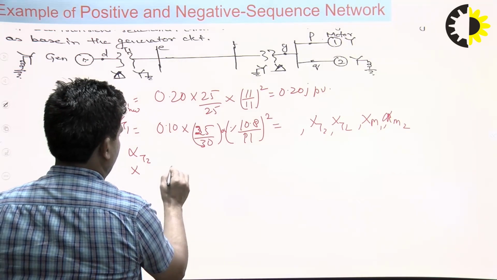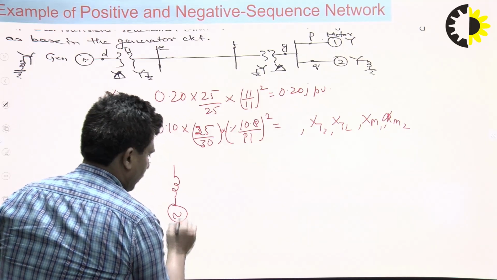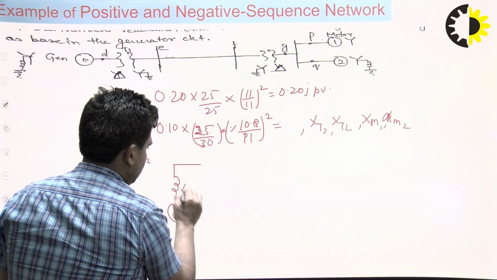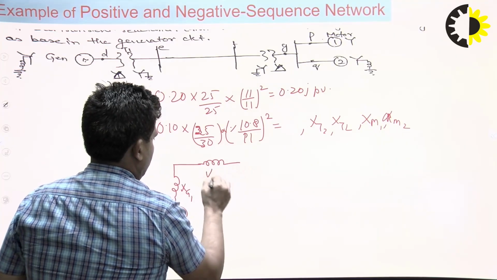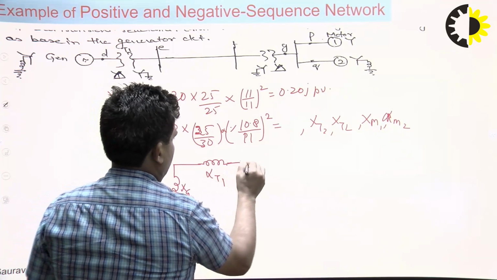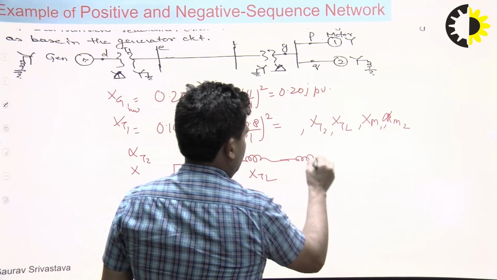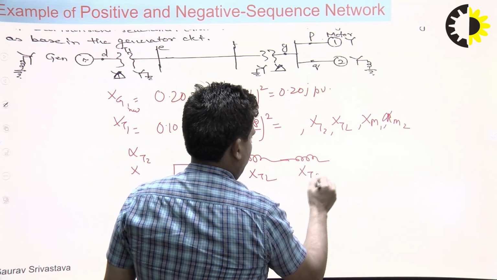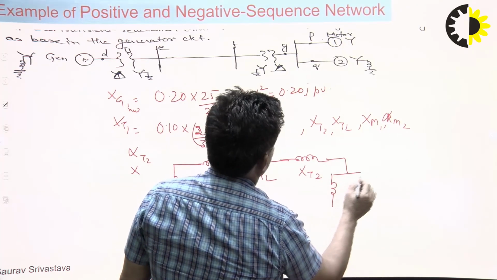So what will the sequence network be? For the positive sequence there is a voltage EMF also available, then the reactance of the generator G1, then T1, XTL the transmission line, XT2, then there are two motors.